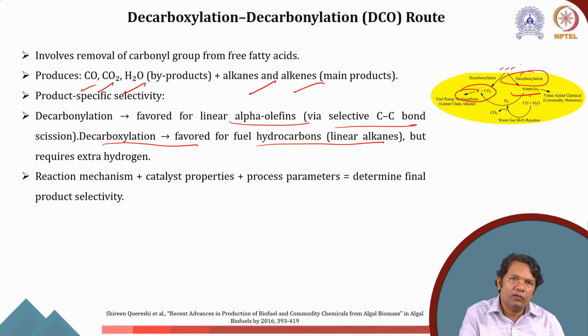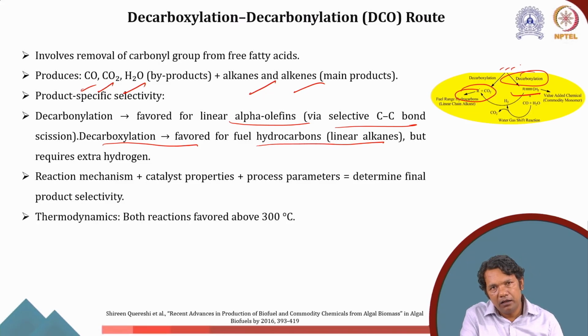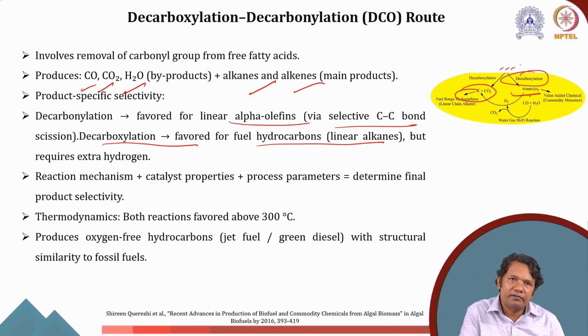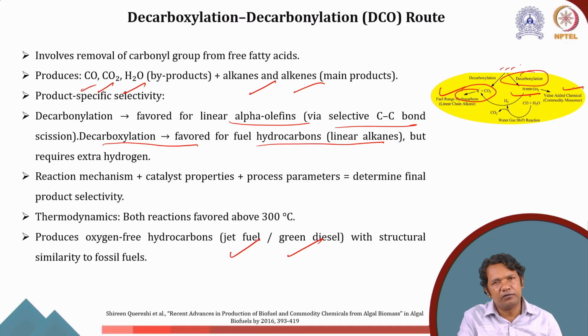Okay, the reaction mechanism and the catalyst properties plus the process parameters determine what will be the final product selectivity. Thermodynamically, both the reactions are favored above 300 degrees Celsius and produce oxygen-free hydrocarbons in the range of jet fuel, green diesel, with a structural similarity to that of the fossil fuel, which is obvious. Okay.